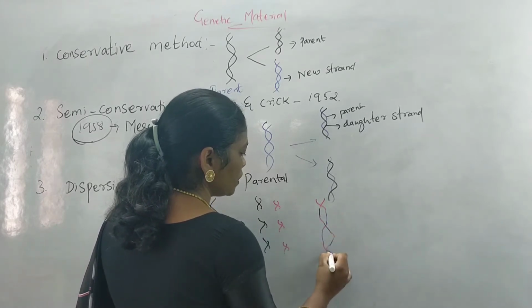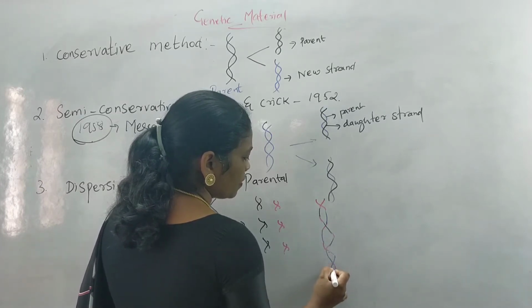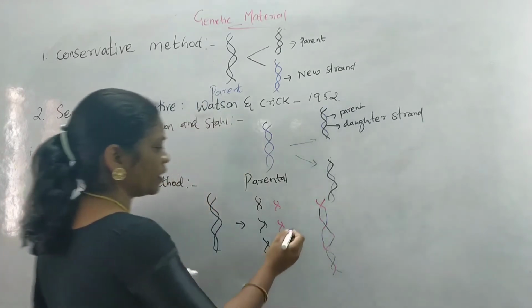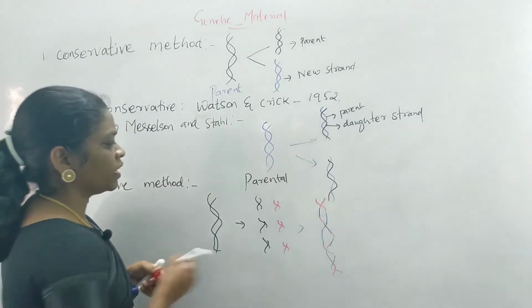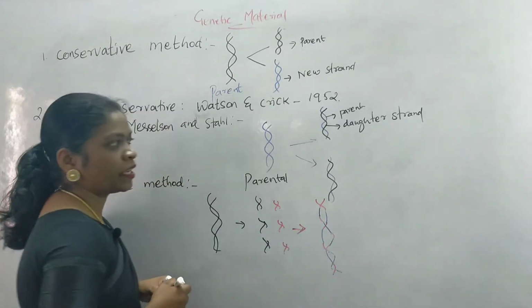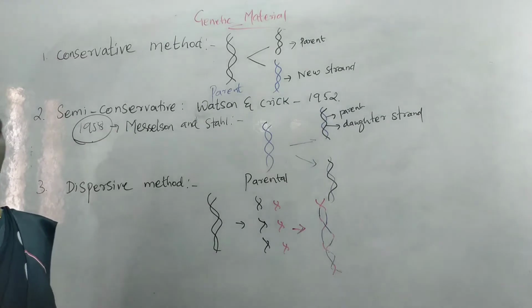So this is how the DNA gets replicated: it is incorporated with the new daughter strand and parental strand in the case of the dispersive method of replication. These are the three hypotheses that have been proposed to explain how DNA replicates.